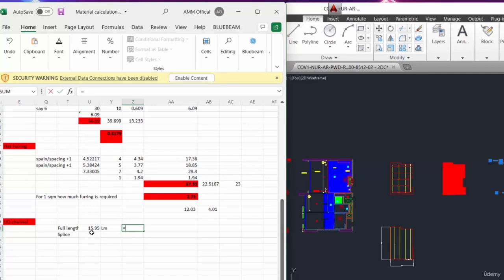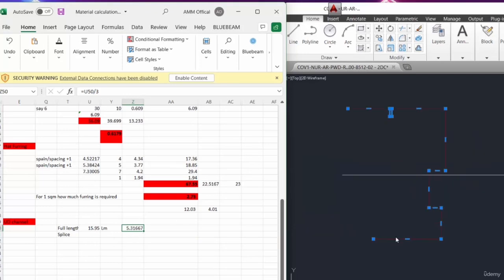Again, our standard length will be 3 meters. So just divide it by 3 meters. As you can see, we need 5 UD channels, 5 numbers of UD channel, in order to cover this full area. Okay, so what I need to do is multiply the supplies, starting from here, by 0.406.